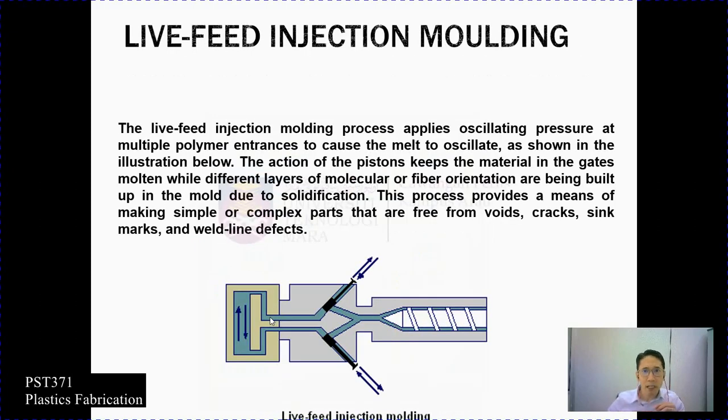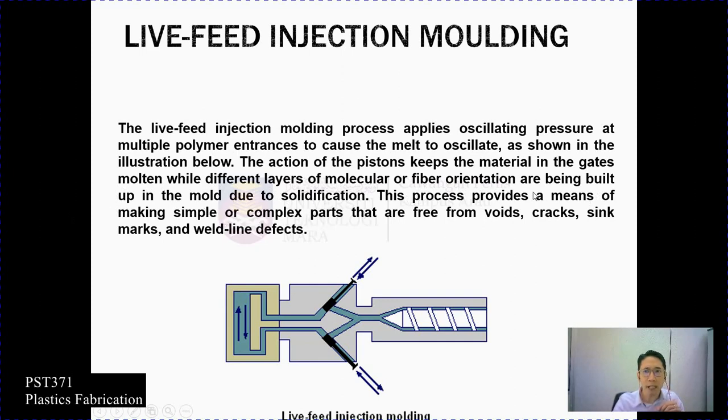Next is live feed injection molding. The live feed injection molding process applies oscillating pressure through multiple polymer entrances to cause the melt to oscillate, as shown in the illustration below. Later on I will explain the illustration. The action of the piston keeps the material in the gates molten while different layers of molecular or fiber orientation are built up in the mold due to solidification.